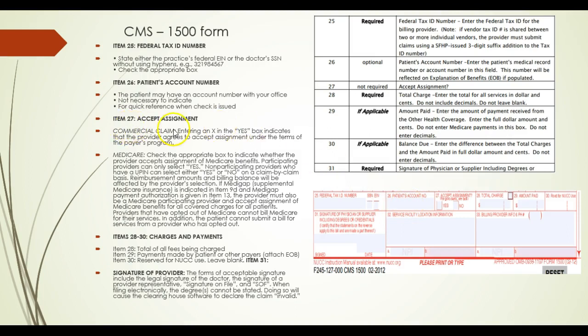Item 27 is whether the doctor accepts assignment or not. Most of the time, if they accept Medicare allowable, they do accept assignment. And then items 28 through 30 is where you're going to put in the total charges. Now, if the patient pays something, you'll put the amount paid.